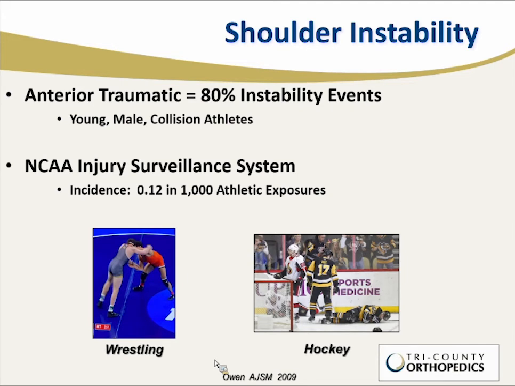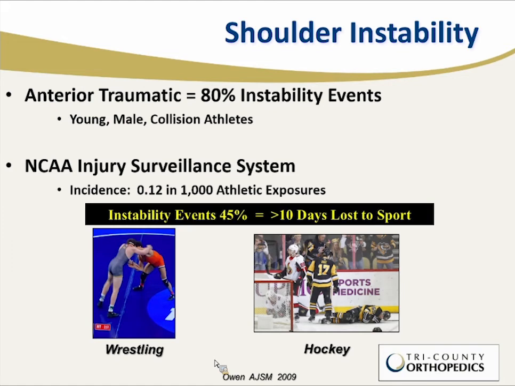Contact collision athletes will be the term we use for certain sports. If you look at the NCAA injury surveillance system, you get an idea of the incidence. It's about 0.12 in 1,000 athletic exposures, with the three most common sports making up the majority of those injuries being wrestling, as you see there on your left, and hockey, followed by football.